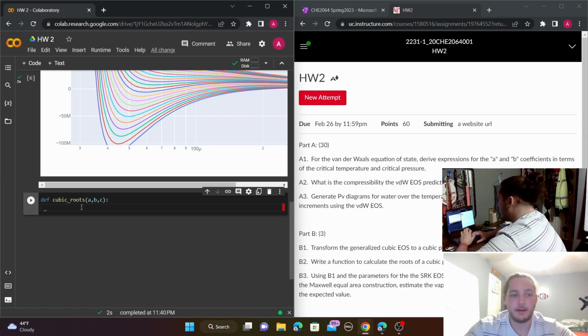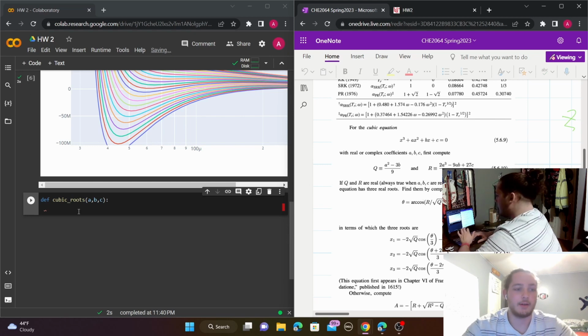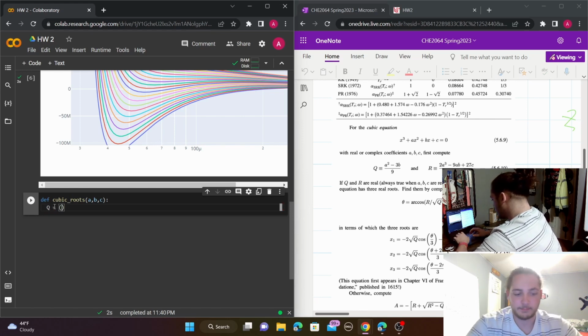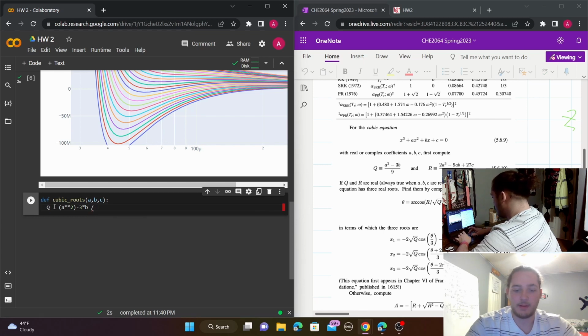So once we have our function defined, we need to initialize our Q and our R values into our code. So we can set Q is equal to A squared minus 3 times b, and that is divided by 9.